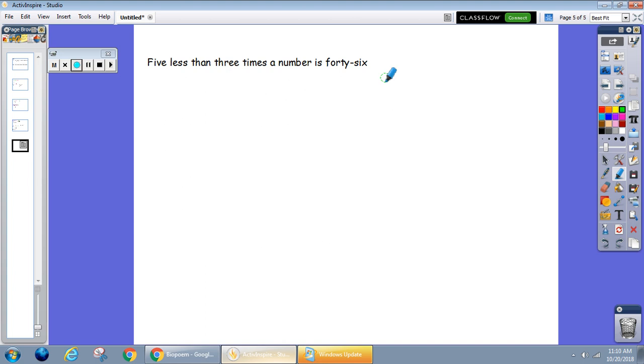All right, hopefully you did that. All right, 5 is a constant, 3 is a constant, 46 is a constant. All right, variables. I see a number, that means variable. I see the word is, which tells me that's our equal sign. Now let's look for operations. I see less than, and I see times.